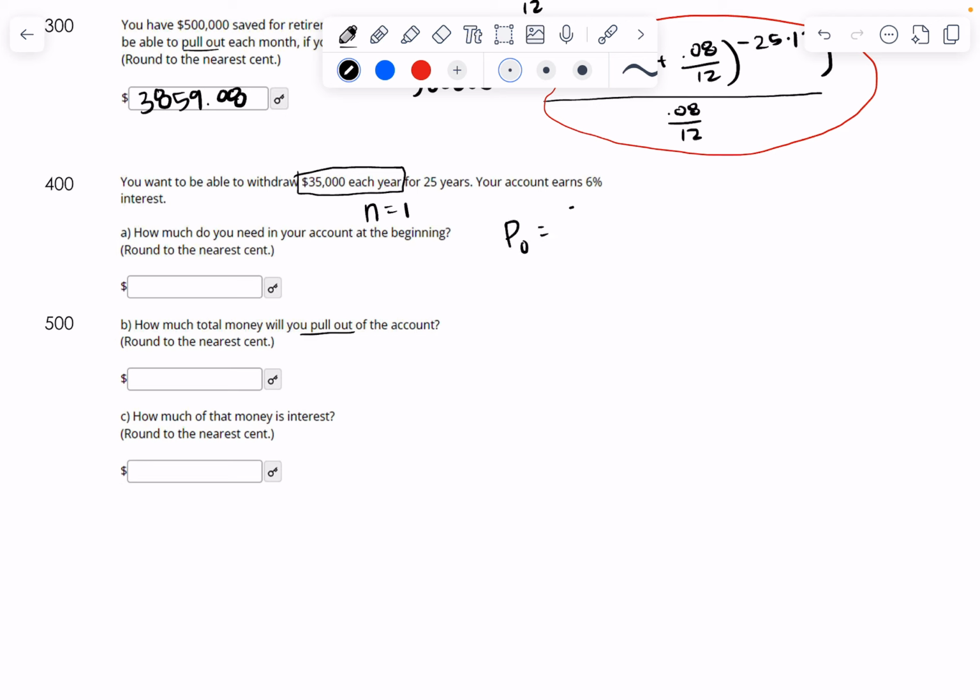We don't know the amount in the account, but we know that you want to be able to pull out 35,000, and then we just plug in everything else with a compounding frequency of 1.